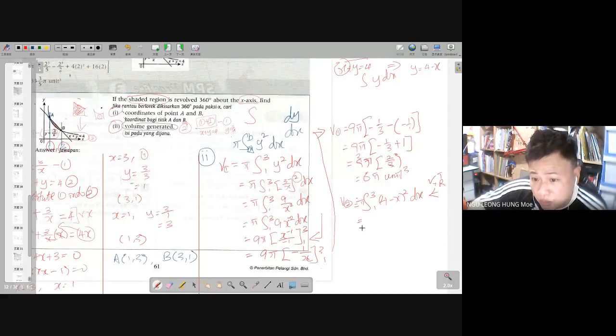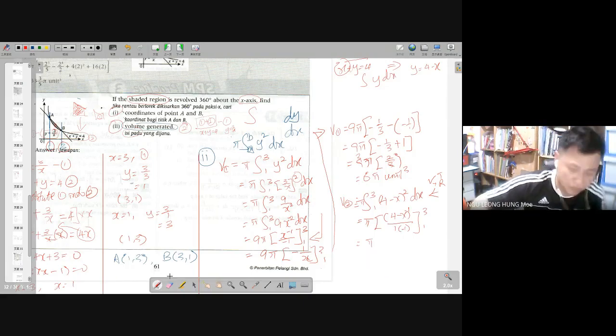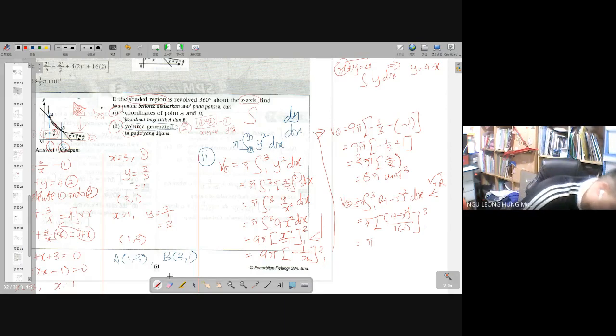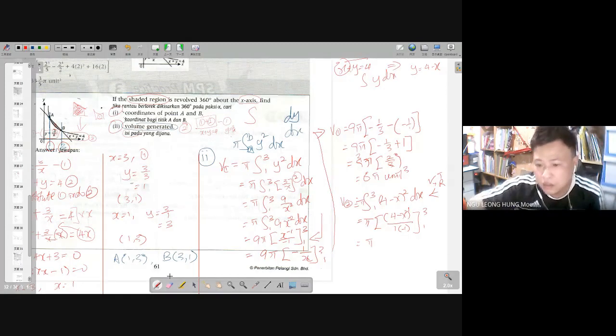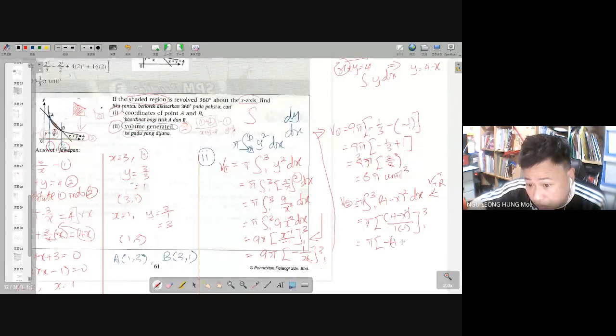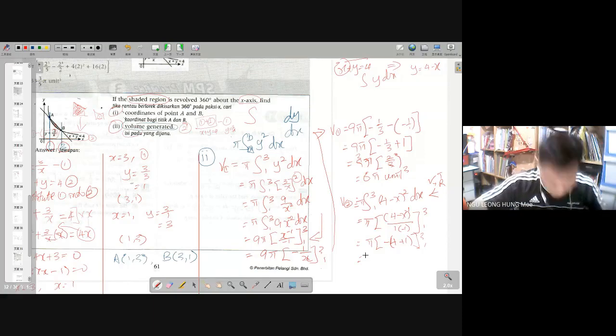Okay, good. So this one is pi. This one needs no expanding. We get 4 minus x, then we integrate, and differentiate the inside again, minus 1, from 1 to 3.